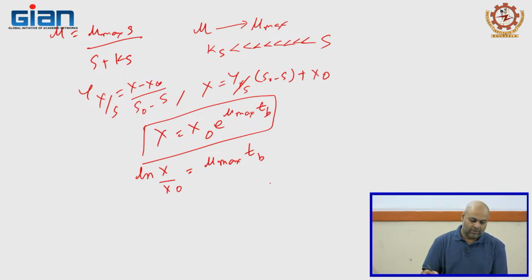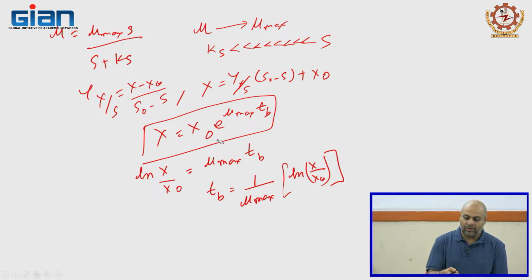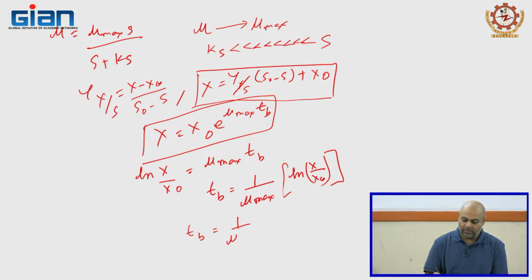Your T b will become 1 by mu max ln x by x naught, right. Now, x is Y x by s, s naught minus s plus x naught. This is the equation that we have identified, right. So, your T b will become 1 by mu max ln of 1 plus Y x by s into s naught minus s f over x naught.